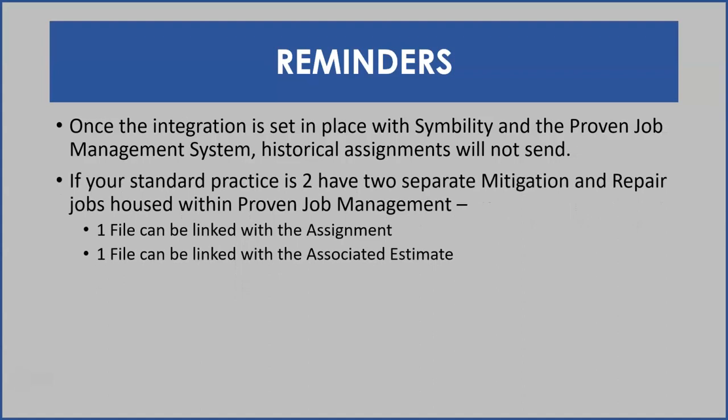In addition, if your standard practice is to have two separate job files housed within Proven Job Management, for example, one mitigation and one repair, the Symbility claim houses both repair and mitigation. Therefore, the Symbility claim assignment can be linked to only one job file. However, the associated estimate can be linked to the other job file.